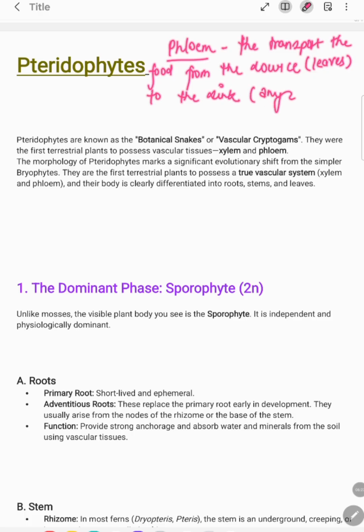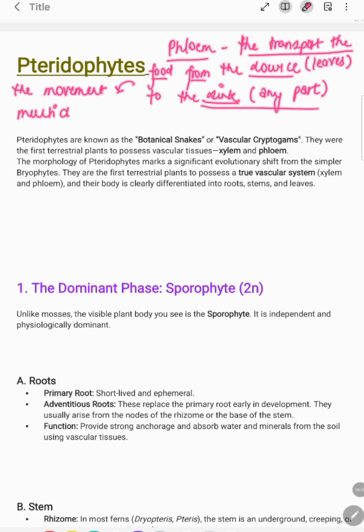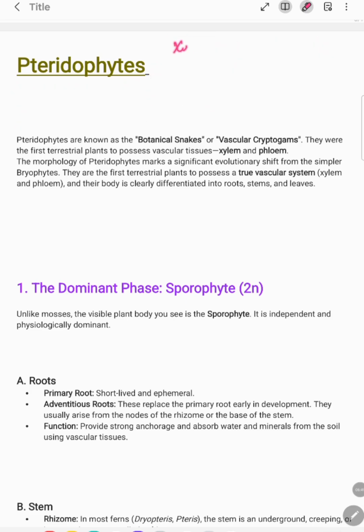Any part of the plant where there is a need for photoassimilates. It transports the food from source to sink, and the movement is multidirectional. The movement provided by the phloem tissue is multidirectional as compared to the xylem, which provides unidirectional movement. I hope till that point I am clear with all of you.